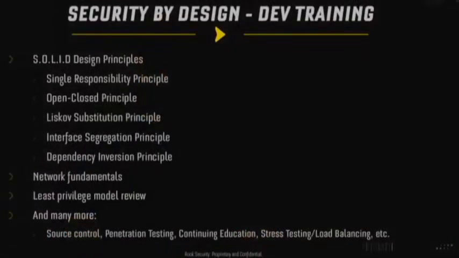So some relatively easy training from an employee standpoint can go a long way into protecting your PI and PII data. So any questions thus far about anything that I've covered?